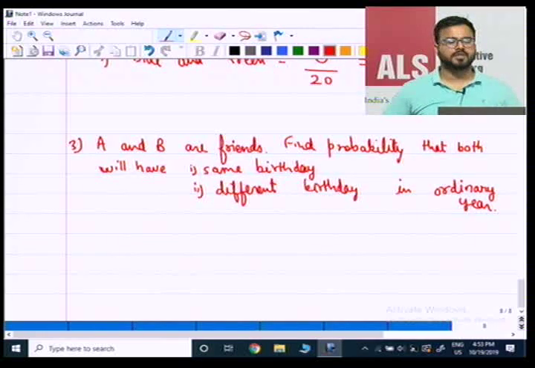Try this question. A and B are friends. We have to find the probability that both of them will have the same birthday, first case, or different birthdays, in an ordinary year. There are two types of year, ordinary and leap. This one is ordinary.